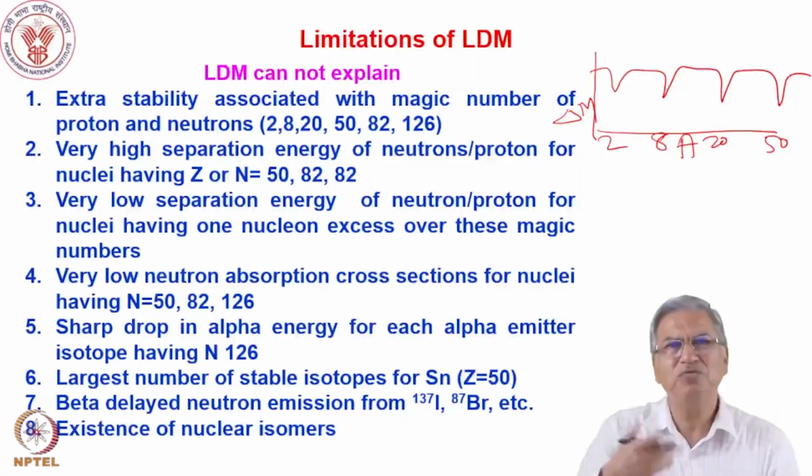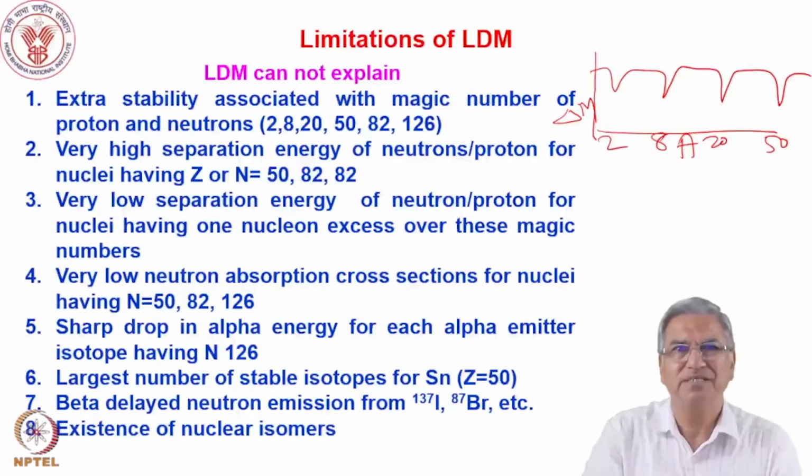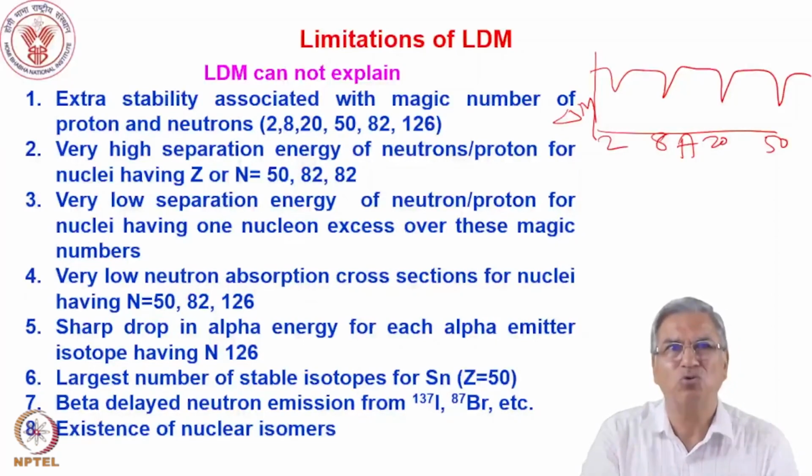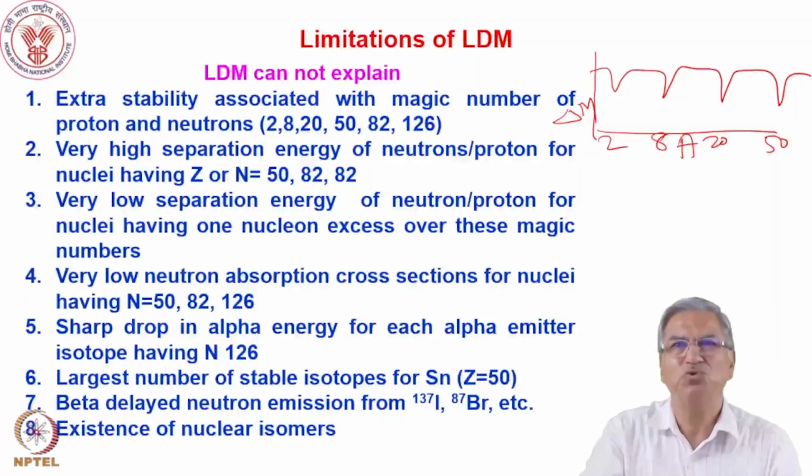Associated with these magic numbers, there are other observations, like the very high separation energy. Separation energy means the energy required to remove a neutron or a proton for nuclei having this number of protons and neutrons. Again, the magic numbers 50, 82, 126.